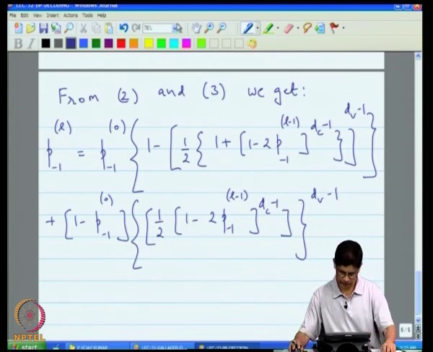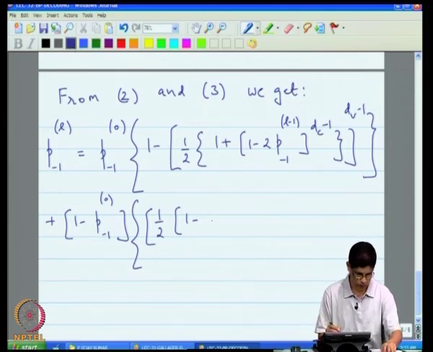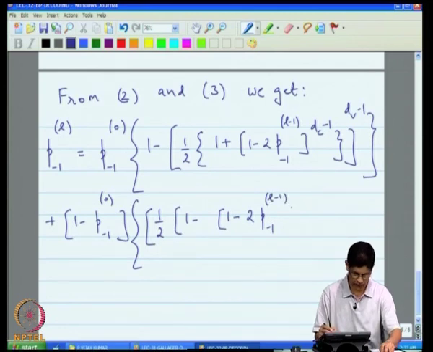I think let me just correct that. I think there is something not quite right here. Sorry about that. So this is half into 1 minus 2 P minus 1 L minus 1 to the DC minus 1.